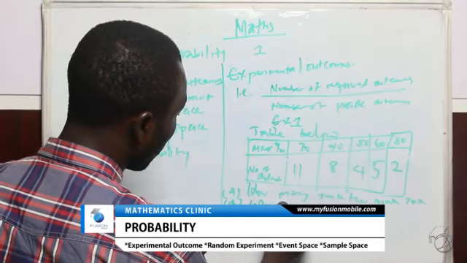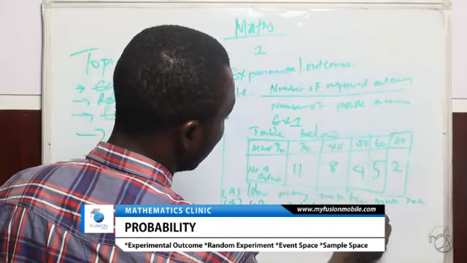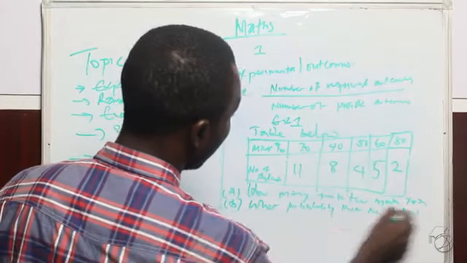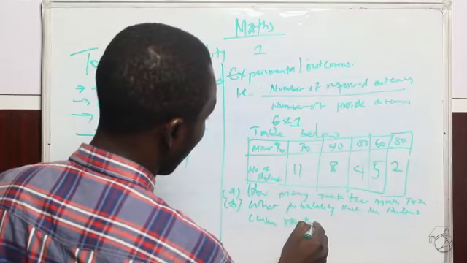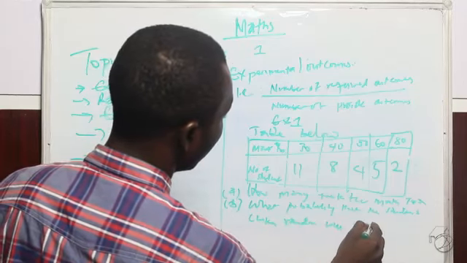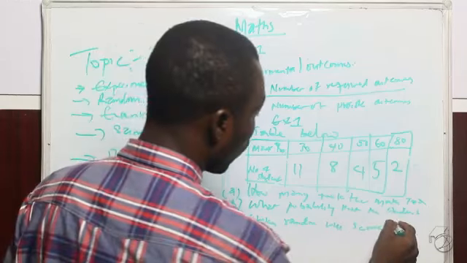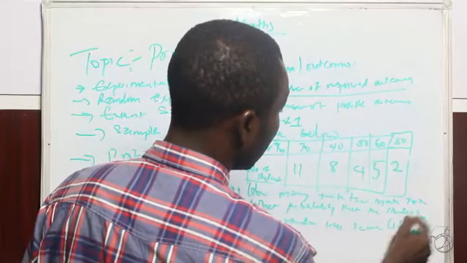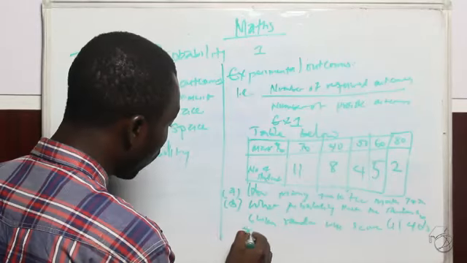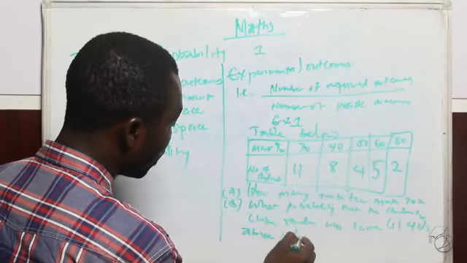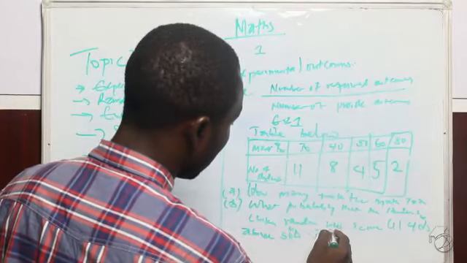What is the probability that the student choosing from random will score 40%, 2, above 50%, 3, below 60%.